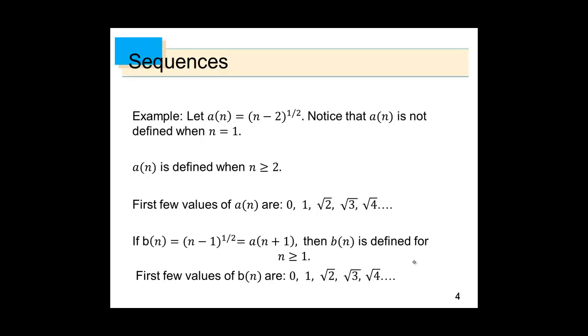Now I'm saying that it's okay to start at negative 1 because I can always change it to a positive 1. Remember, we replaced by n plus 1 to start at 1, right? But I want to start at negative 1. N plus 3. If I replace n by n plus 3 here, whatever formula you get, you'll see that that's defined for n larger or equal to negative 1, and you'll still get the same sequence, right?